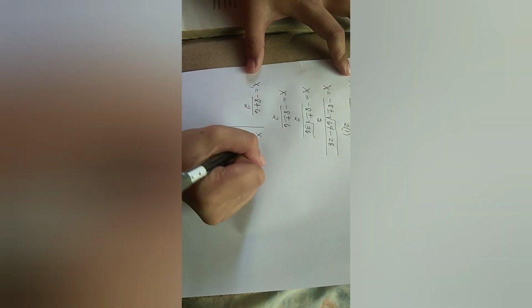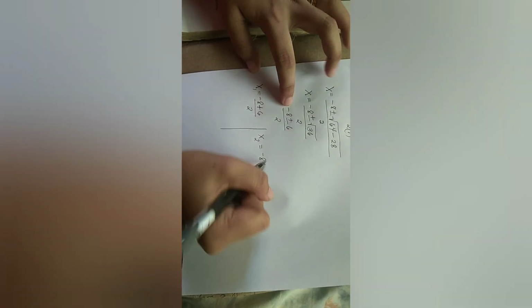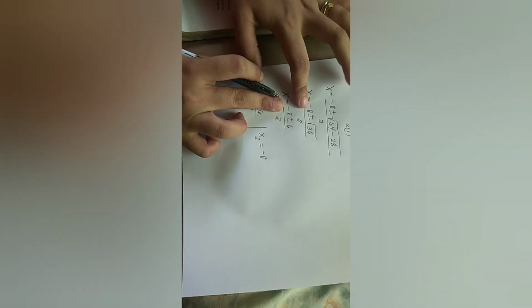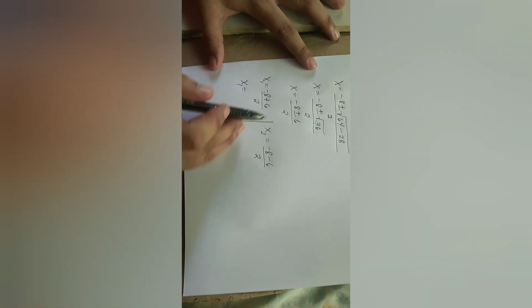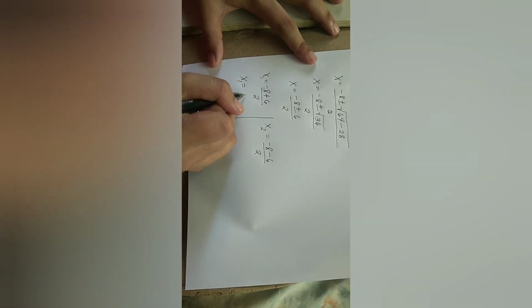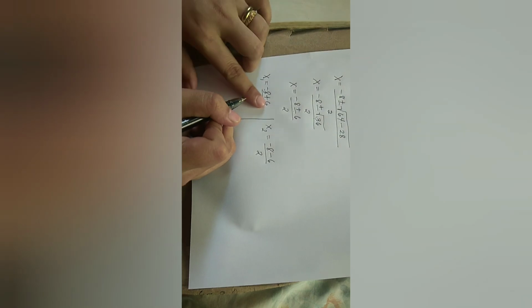Dito naman sa kabila, x sub 2 is equal to negative 8. Kopyahin pa din po natin yung negative 8, then negative or minus 6 divided by 2. And then do the operation. X sub 1 is equal to negative 8 plus 6. Pag magkaiba po sila ng sign, magma-minus. 8 minus 6 is 2.